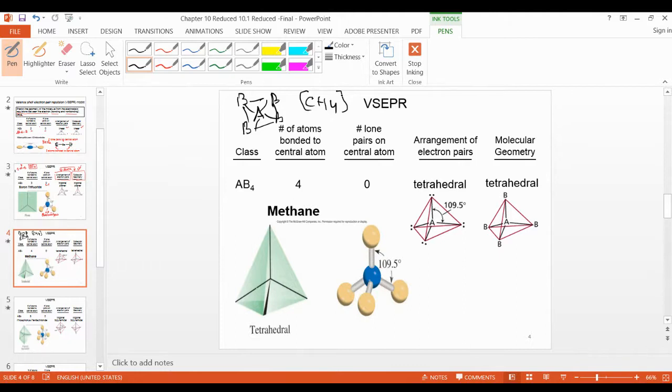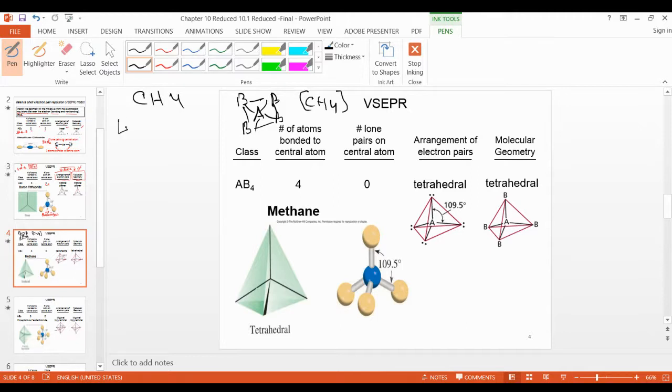First, we should know the Lewis structure. If you don't know the Lewis structure, then you cannot write the geometry of the molecule correctly. So first you have to write the Lewis structure of CH4.